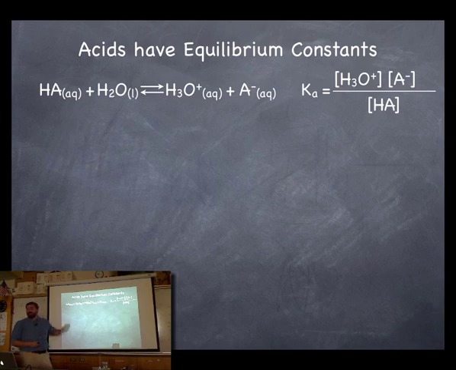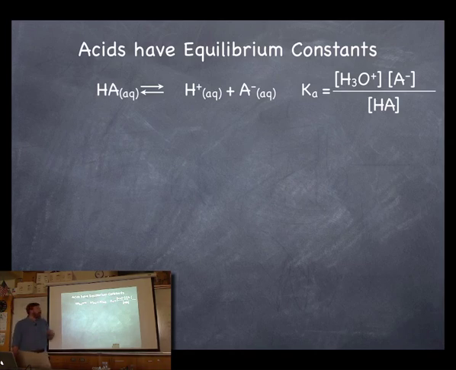Now, we can simplify this reaction. We frequently do, because while we know that in water hydrogen ions don't float around by themselves, that they form the hydronium ion, a lot of times we like to leave that out. And since the water is a liquid, and we know that we leave liquids out of the equilibrium expression, so there's no water in the equilibrium expression, we can go ahead and simplify this by dropping the water and changing the hydronium to a hydrogen ion.